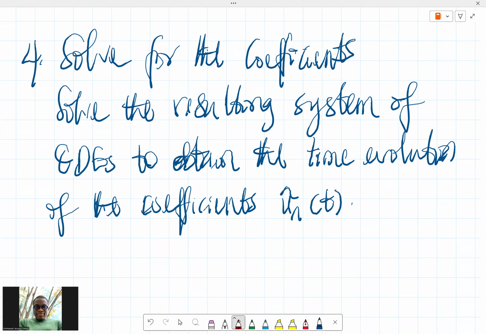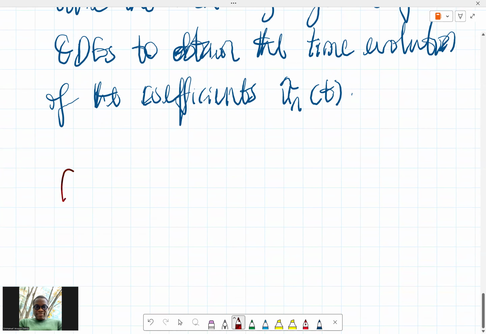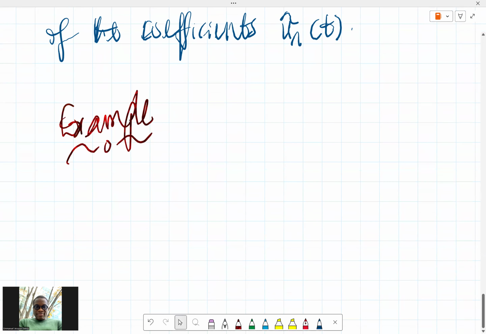With that done, let's move on to the example. In this example, we'll be solving the heat equation using Fourier series.